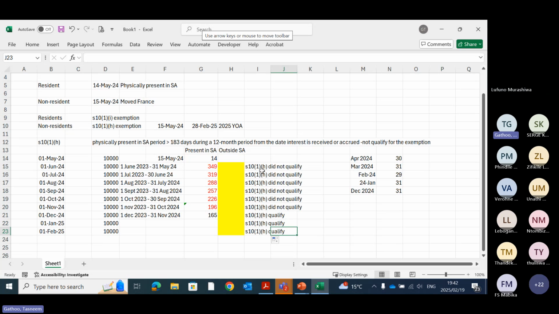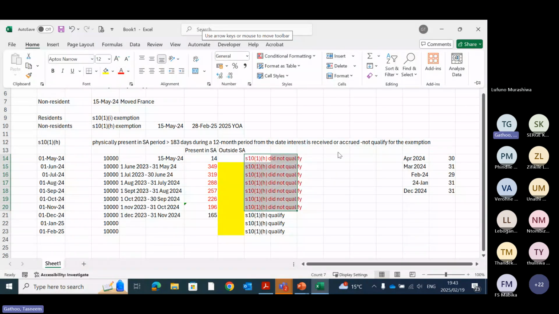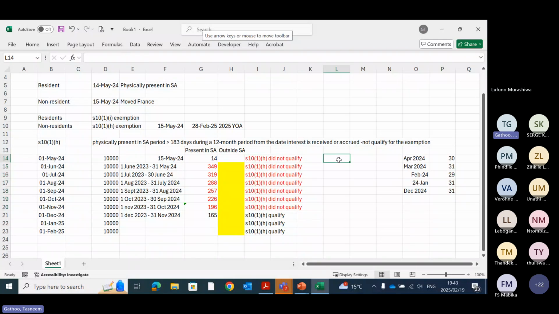But for the periods before that, from mid May to November, the Section 101H exemption did not qualify. So for these months, we can now look to see if the Section 101I exemption will apply.